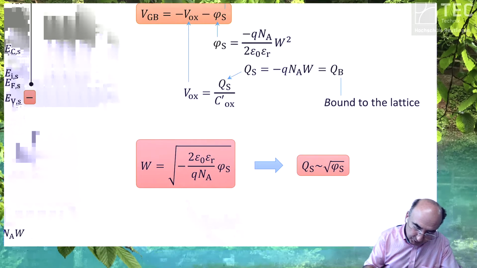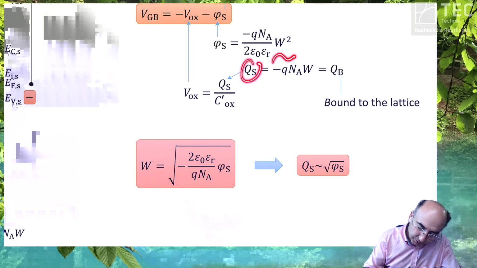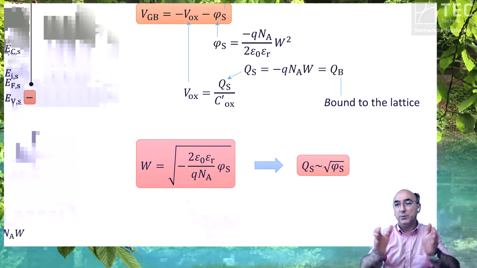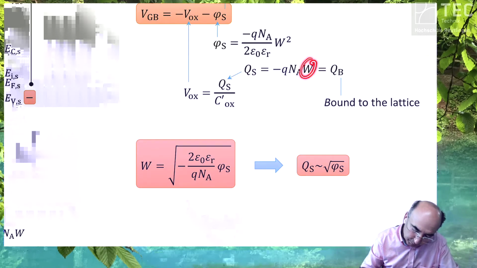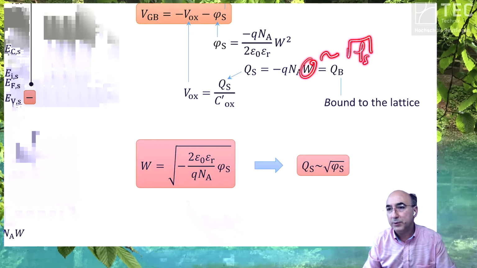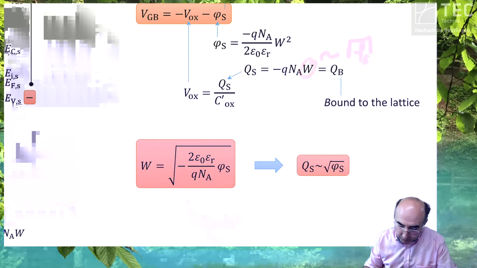So the charge in the semiconductor is proportional to the width, sure. You double the width, you double the content, sure. And the width is proportional to the square root of the surface potential. So here we are.